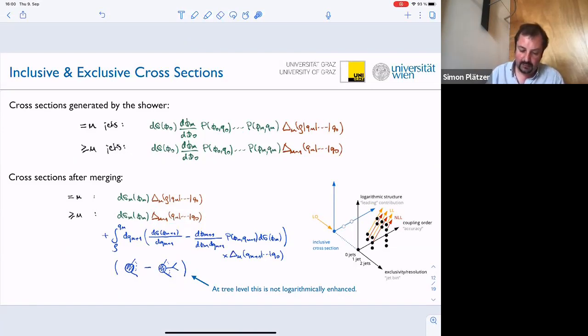And if we've properly set up the merging, then what we would have avoided is holes and notably double counting, and we would have replaced exactly and only this expression by the exact tree-level cross-section, if we had asked for an exclusive cross-section in the matrix element region.